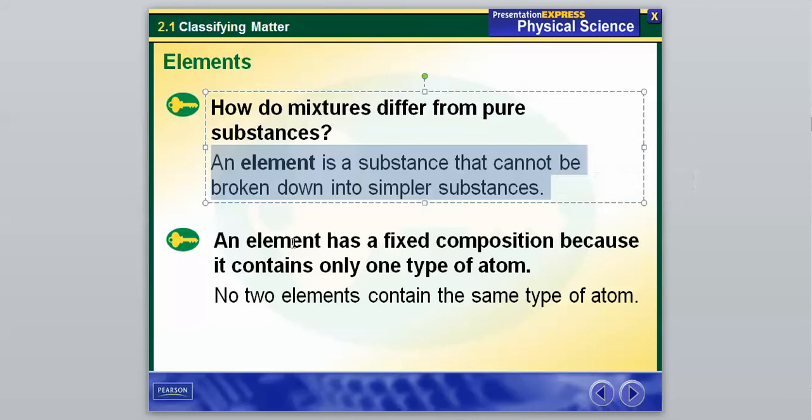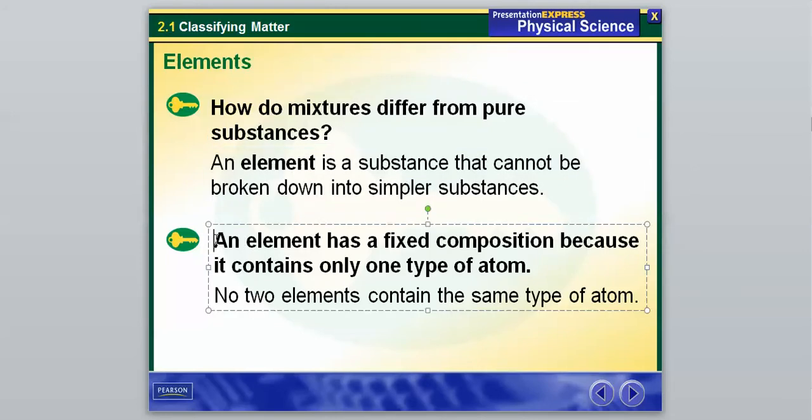It has a fixed composition because it contains only one type of atom, and hopefully we know that atoms are the tiniest structures that we can study, and no two elements contain the same type of atom. Elements are the smallest, simplest things, at the base of everything, and because they cannot be broken down, they are pure, with exactly the same composition all the way through.